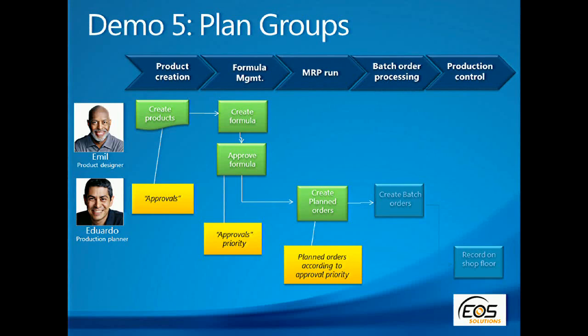Finally, when we create the planned order, all the planned orders are created according to availability and approval priority. So the highest priority means that we have to purchase that component.